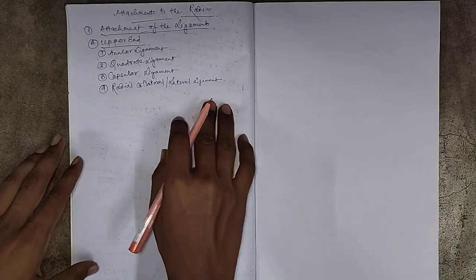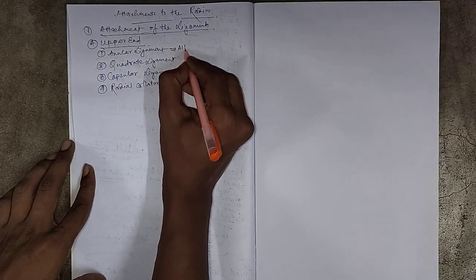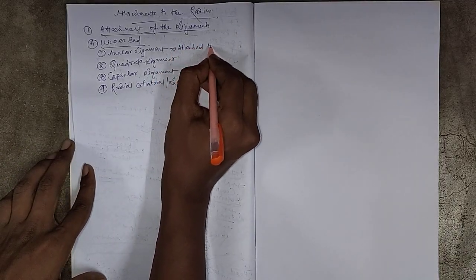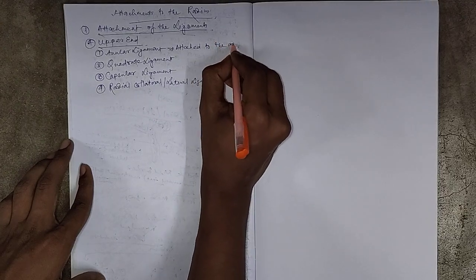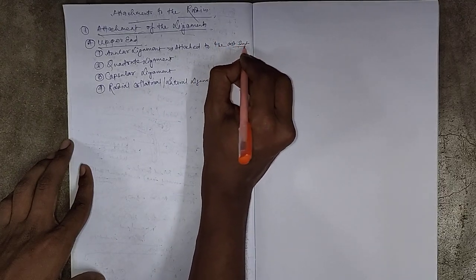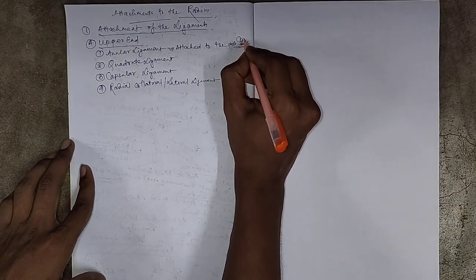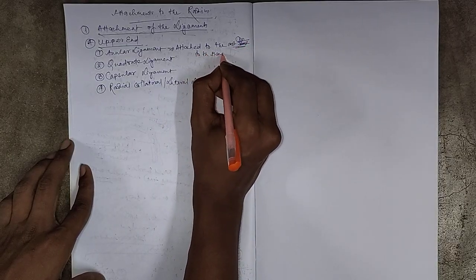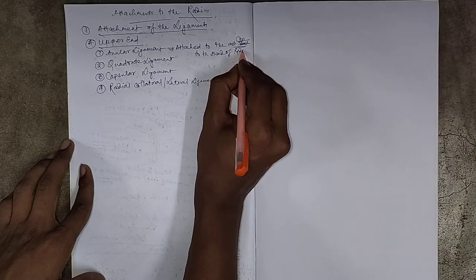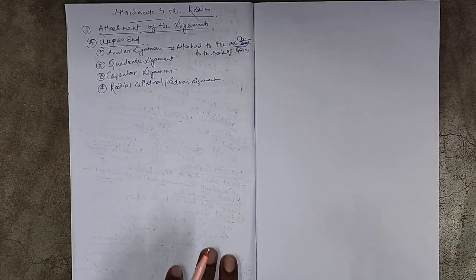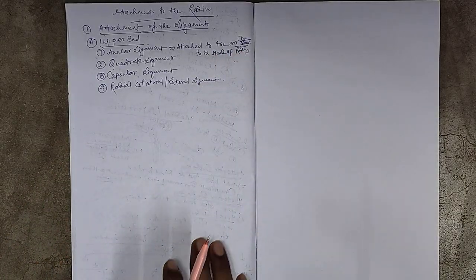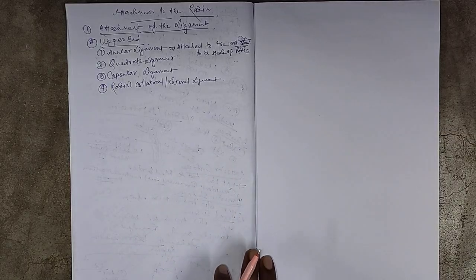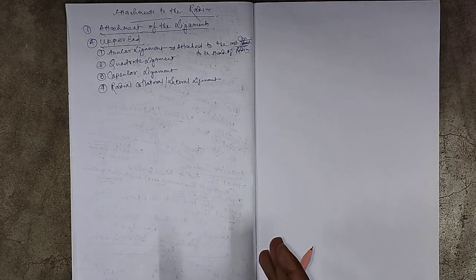So the annular ligament is attached to the articular circumference of the head of the radius.